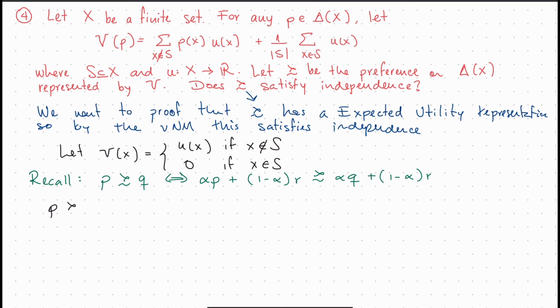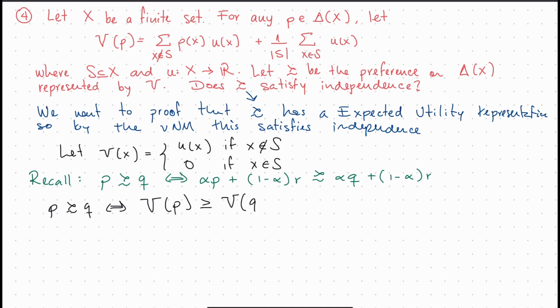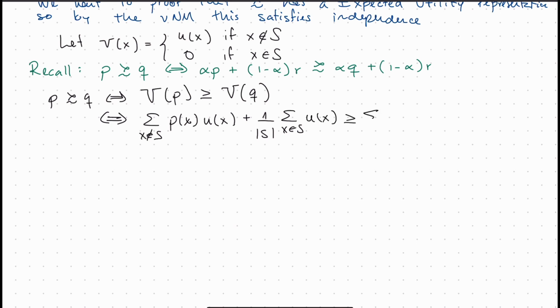So we have P weakly preferred to Q if and only if the expected utility of P, using this definition we're going to plug in right here, is greater or equal than the expected utility of Q. So this is if and only if the sum over x not in S of P(x)u(x) plus 1 over the cardinality of S times the sum over x in S of u(x) is greater or equal than the sum over x not in S of Q(x)u(x) plus the same term.